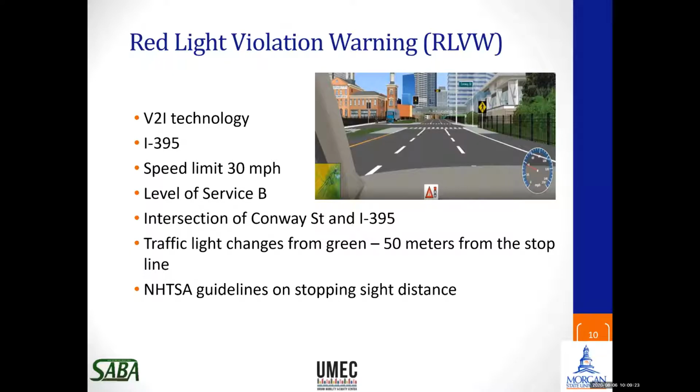We implemented that near Baltimore City, at the intersection of Conway and 395. The speed limit is 30 miles per hour and the level of service is B. When the participant reaches a distance of around 50 meters from the traffic signal, the traffic light changes from green to yellow, and the distance of 50 meters was again based on the NHTSA guidelines.